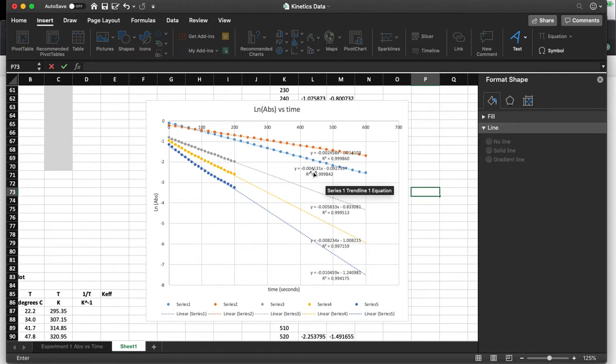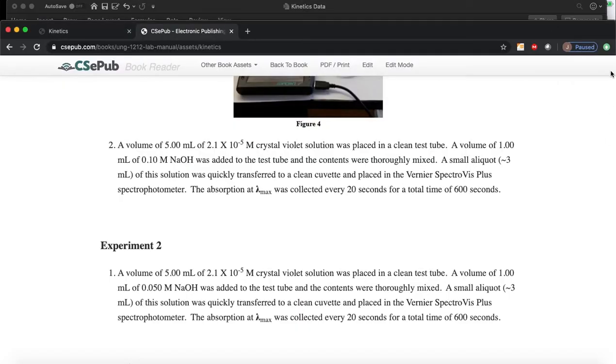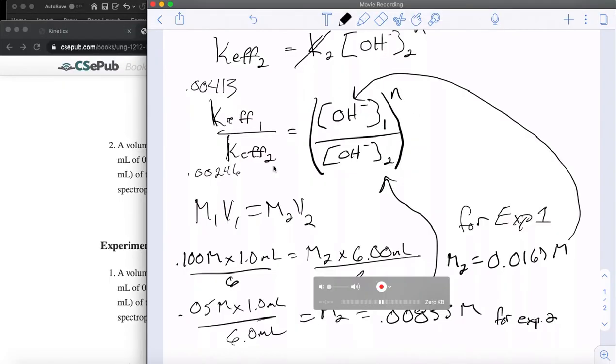K effective 2 is the orange one that's actually above it, 0.00246. I wrote those values into my calculations here. So I have those two numbers, and I can plug all of this in and hopefully solve for this n value.